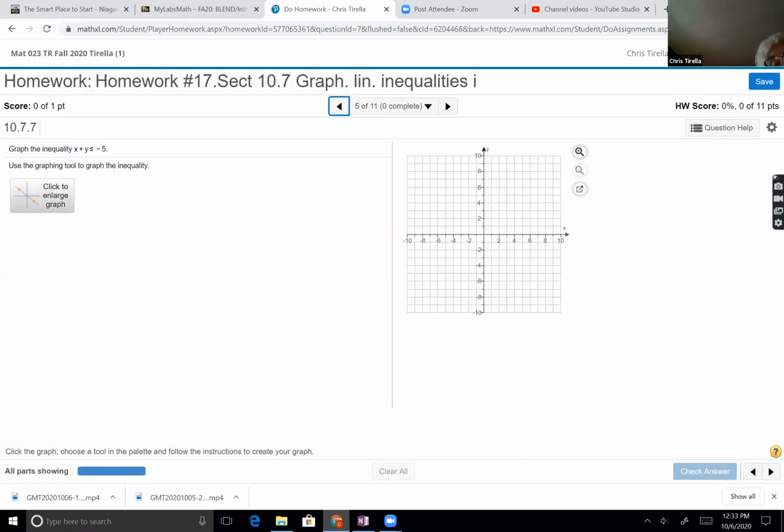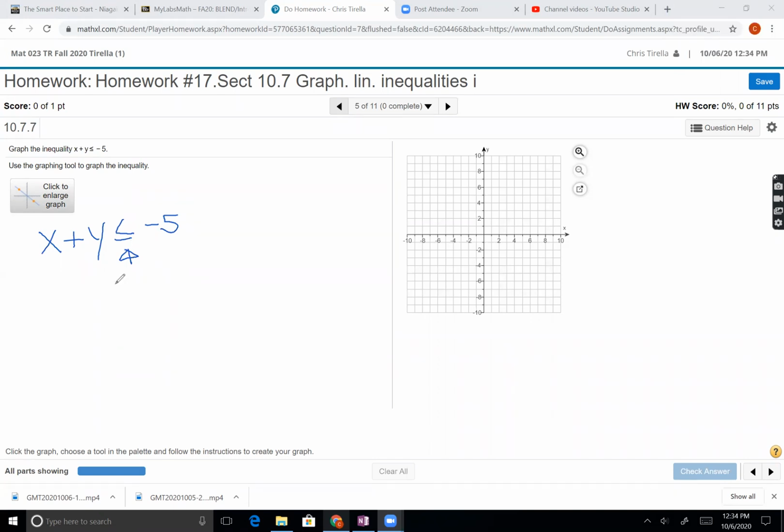Here I've got the equation x plus y is less than or equal to -5. First decision I have to make is, am I going to use a solid line or a dotted line? Solid, because I'm including equal, great.